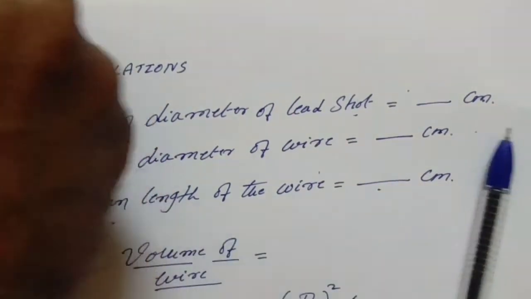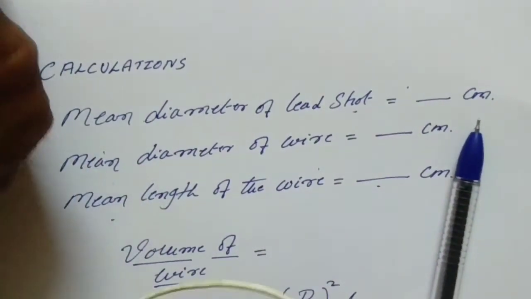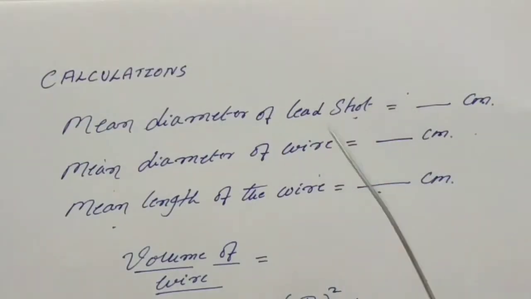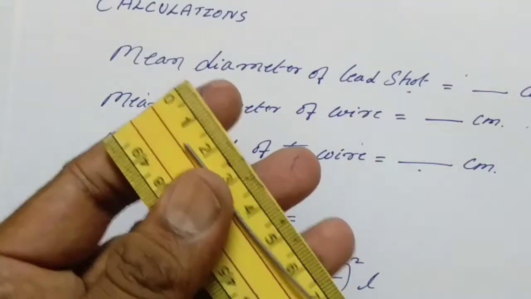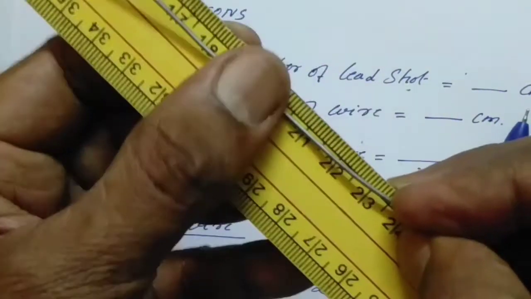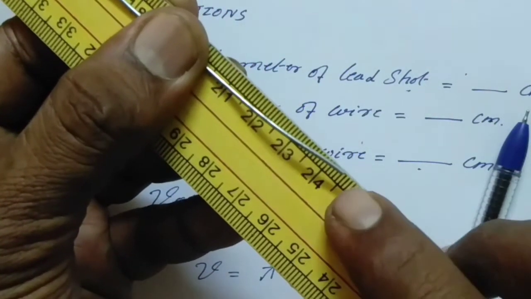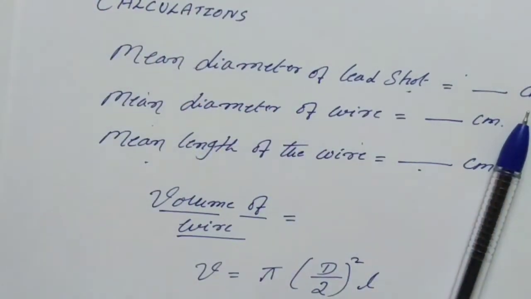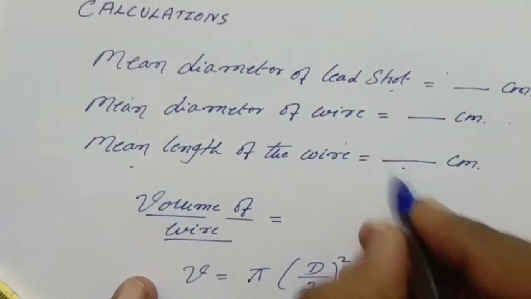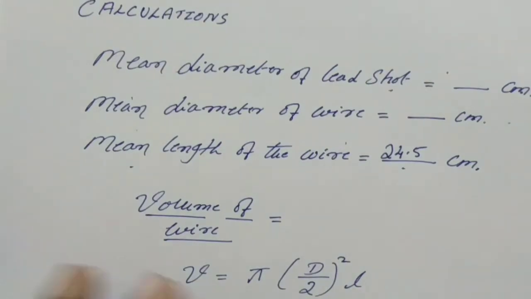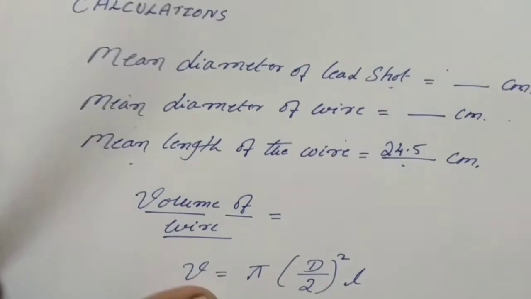Take the same wire and take the scale, keep it like this and measure it. How much do you get? Almost 24.5. The length of the wire is 24.5 centimeter.